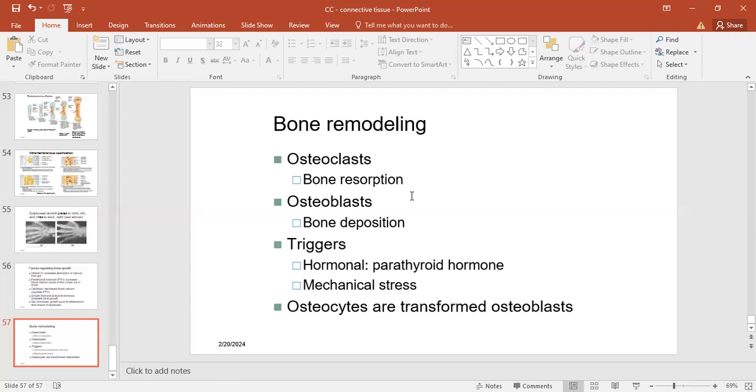Even during bone healing, as your bone is healing, you find that there may be too much deposition of calcium at a particular place, and so the bone is supposed to remodel itself nicely. Okay, so those are the things that we were talking about.